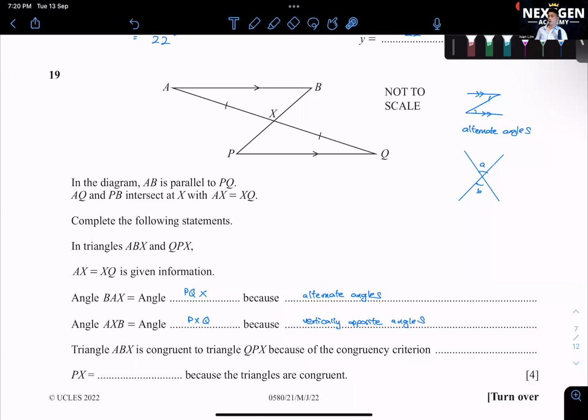This one I realized many students never learn in school. I'll send you all a list on this, or you go into my cheat sheet, I think there is also one. Later on I'll discuss this with you all. I realize a lot of students don't know how to do this because it's not taught in your textbook. There's ASA, SAS. It's under congruency. Let me send to you all.